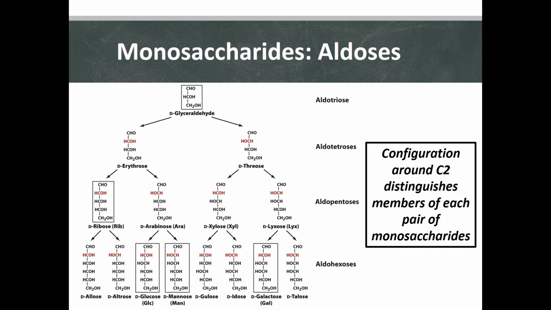Now, before I end here, one thing I want to point out is, it is common for students at this point to look at this table and say, oh no, I have to memorize this. No, you don't. What I want you to be able to do is look at monosaccharides and tell me, let's say I throw up ribose and arabinose. What I want you to do is look at those molecules and tell me, first, how would they be related?